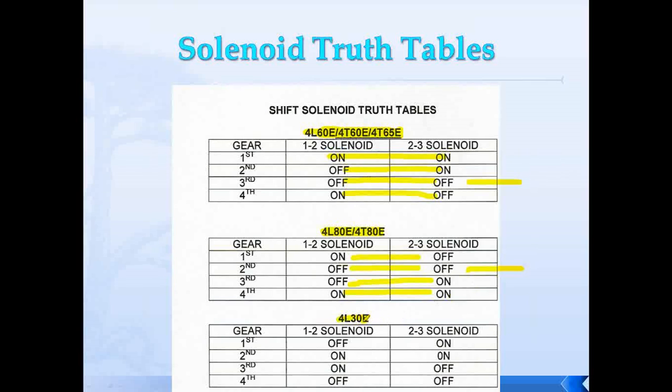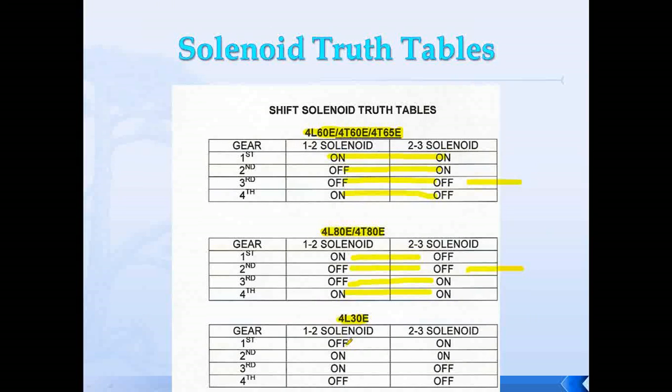We look at the 4L30E, 4L40E transmission itself. Again, this transmission was built in France, and the engineering groups were different, so they have solenoid firing sequences different from either the L60 or the L80 transmissions. In this instance, we've got solenoid A, or the 1-2 solenoid, off at first, and B, or the 2-3 solenoid, is on.